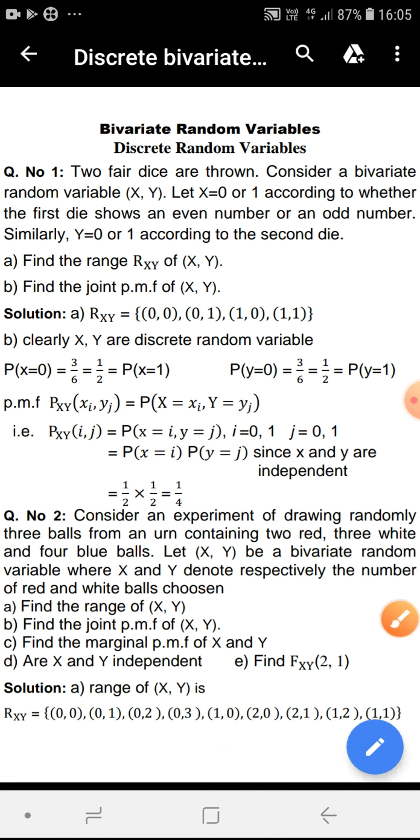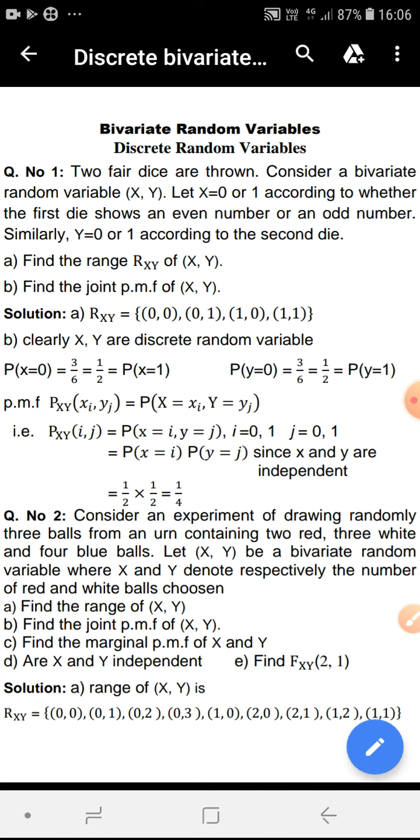So to get this, we will calculate the probability of X and the probability of Y. The probability of X taking value 0: a die is tossed, so there are 6 outcomes, 3 are even numbers, 3 are odd numbers. X equal to 0 means the outcome is even. So out of 6 outcomes, there are 3 even numbers. The probability that the outcome will be an even number is 3/6, that is 1/2.